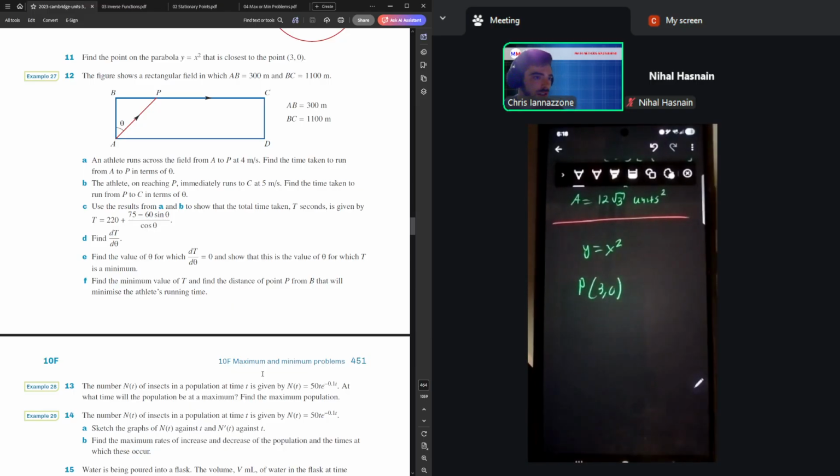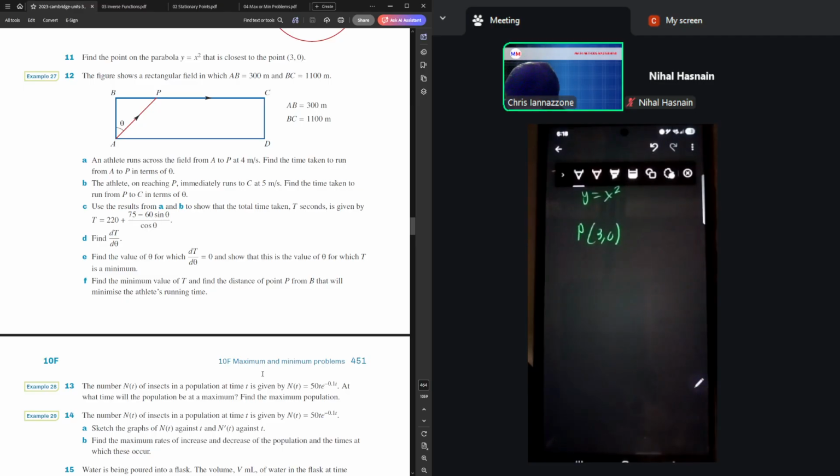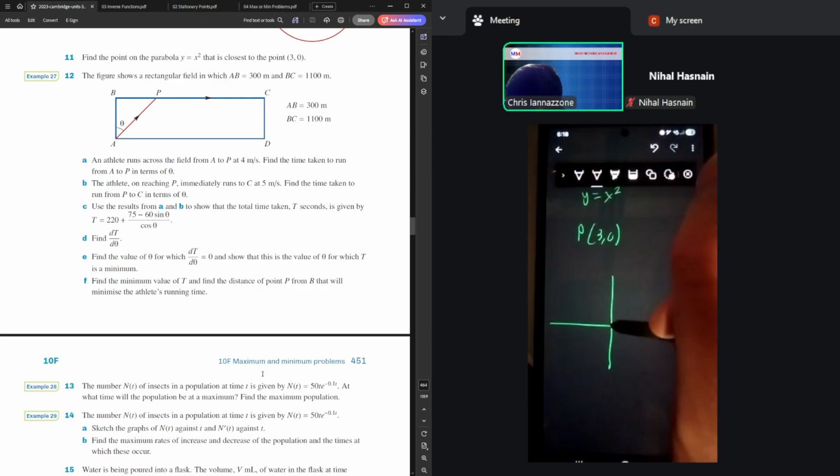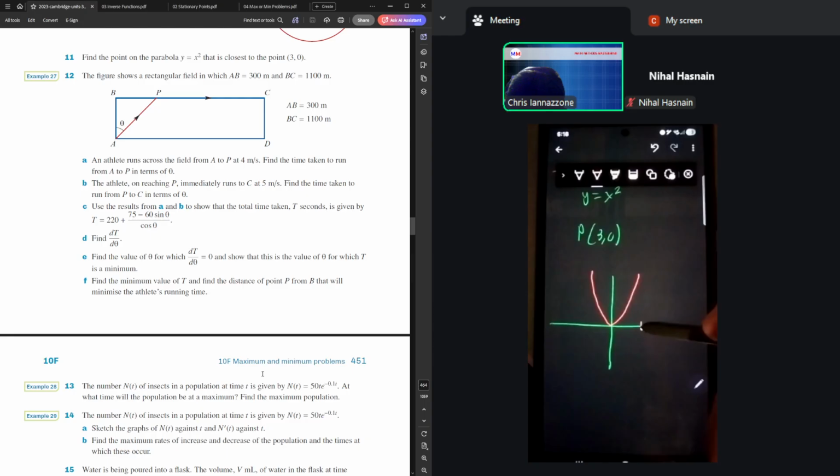Getting a sketch of the parabola, dotting out the point 30, so just sort of mapping out how far any given point along the quadratic 30 might be.